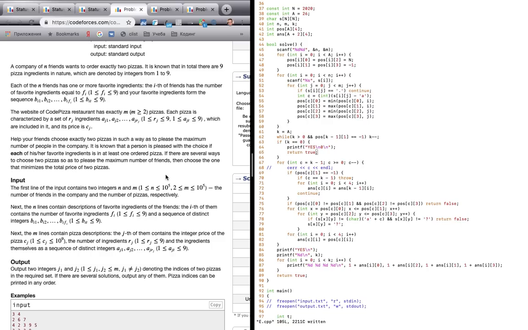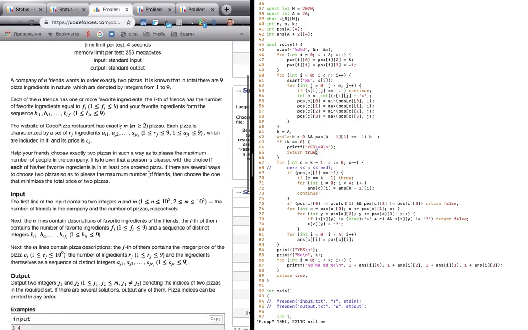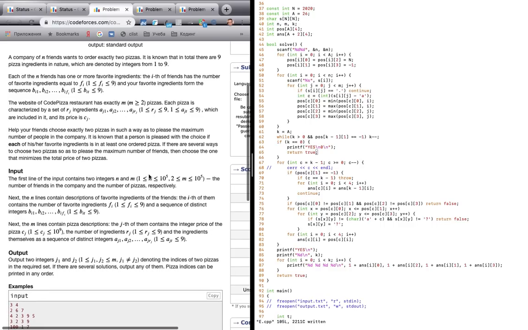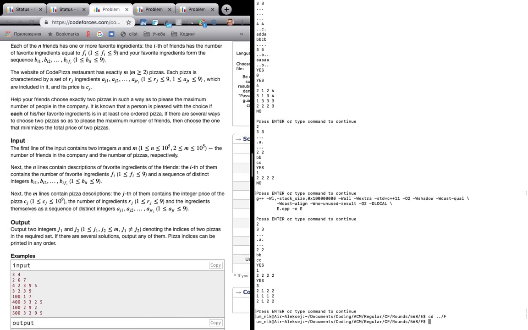So we have to calculate some sums on this, but it also can be done in some stupid way. But not actually interesting. So, did the pretest pass? Okay, I don't understand this problem.